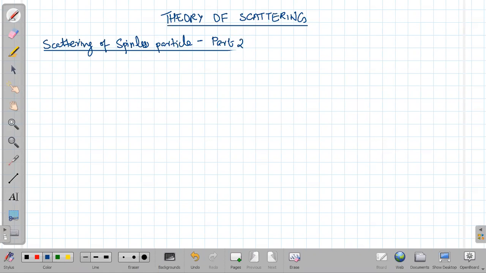Okay, so what we have discussed till now is in case of scattering problem, we'll have some incident particles. So the incident particle will be moving towards the target, and we have a target here. Target over here, and obviously we'll have a scattering particle.